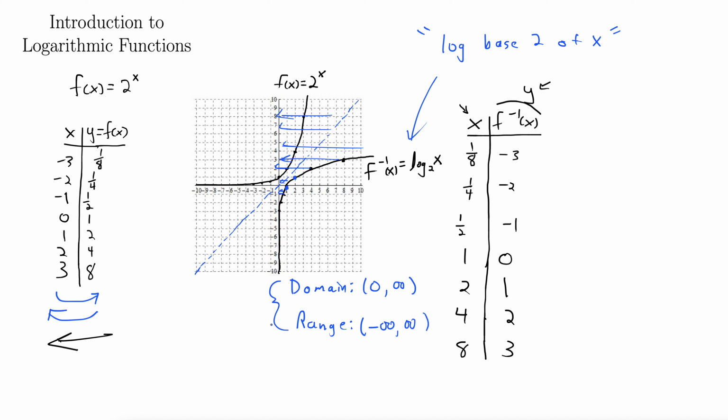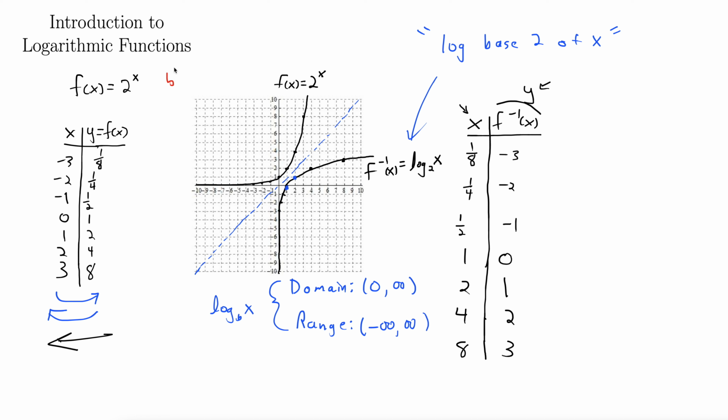And this will hold for any log base b of x, I guess as long as b is greater than 1, which it usually is if you're graphing this. Note that this is exactly opposite of the domain and range of 2 to the x, or actually any b to the x.